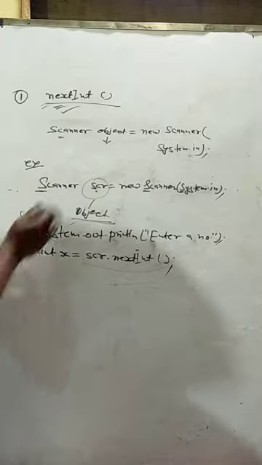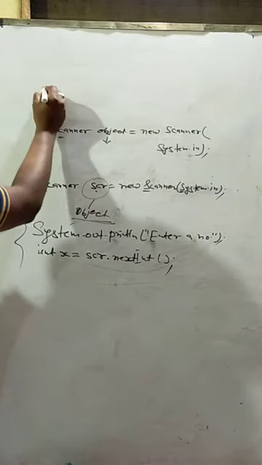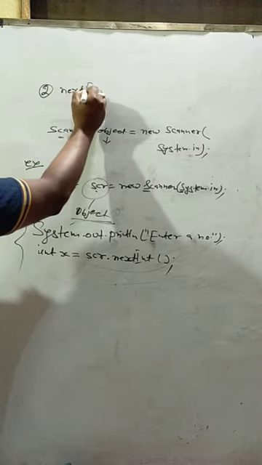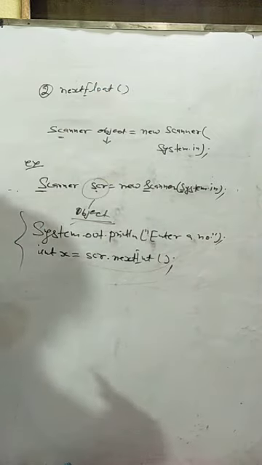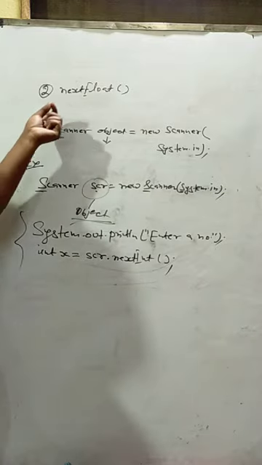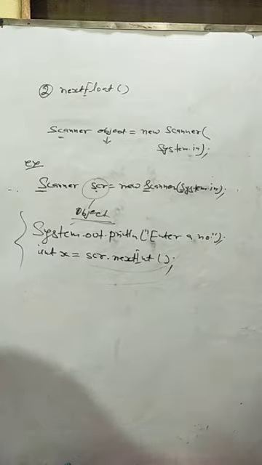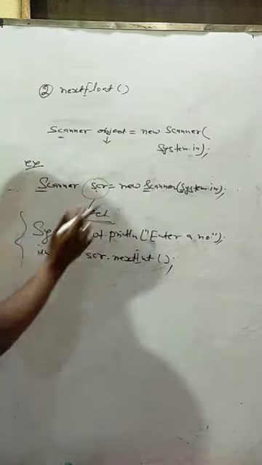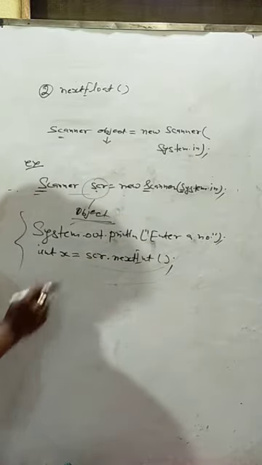Same, the next function is nextFloat. See, F is capital. The nextFloat function is used to input a float value. Float means a small decimal or fractional value. For that we have to create an object similarly: Scanner scr = new Scanner(System.in).